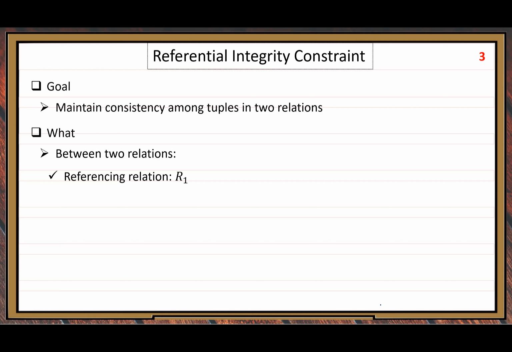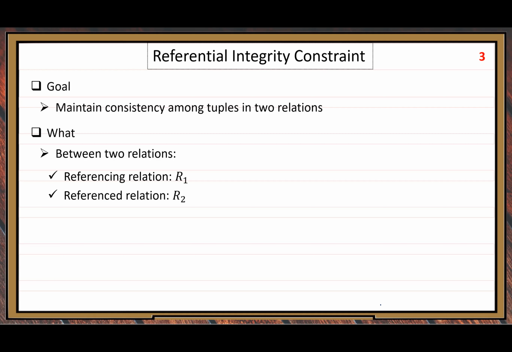So we call it the referencing relation. The first one, R1. The second one, the relation to be referenced, R2. We call the referenced relation R2, capital R. So that's the relation notations.